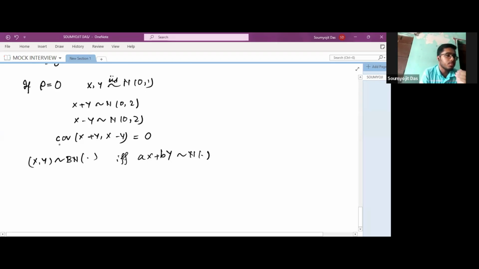So in case of normality, the covariance is in terms of linear factors. So I think for that, in case of normal distributions, if rho is 0, then it will imply independence.